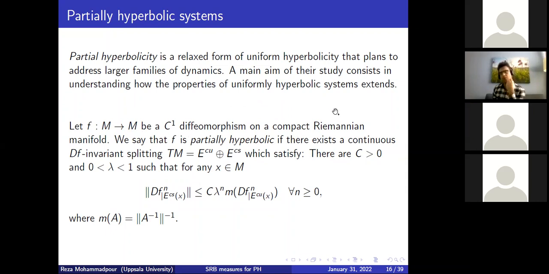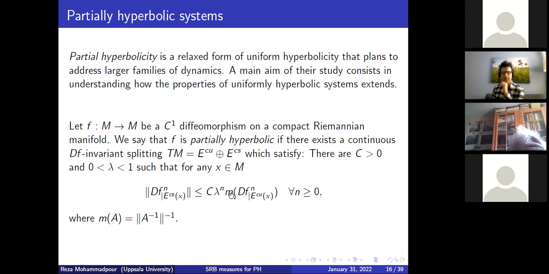We say that F is partially hyperbolic if there exists a continuous Df-invariant splitting, and there are constants c greater than 0 and lambda between 0 and 1, such that for any x in the manifold, the norm of the derivative of f^n restricted to the central stable direction is smaller or equal to c lambda^n, compared with the co-norm of the derivative of f^n restricted to the central unstable direction, for all positive n, where m is a co-norm, and that's the definition of the co-norm. So that's the definition of a partially hyperbolic system.